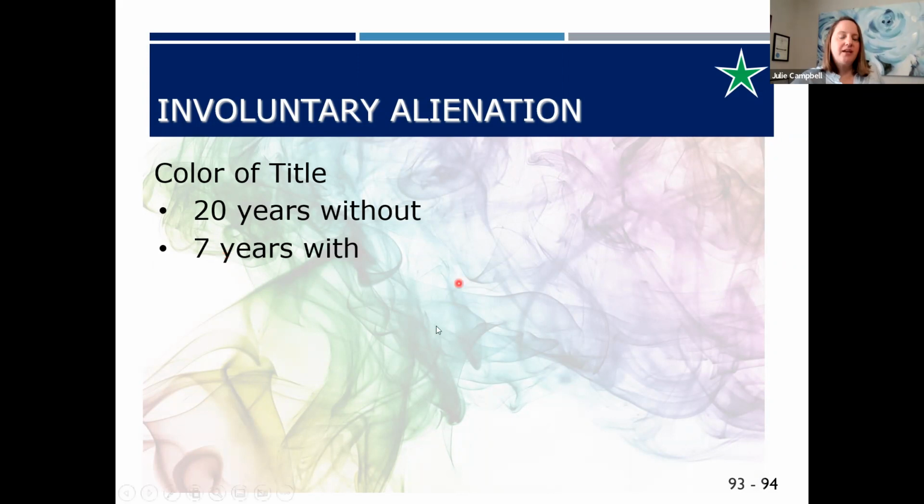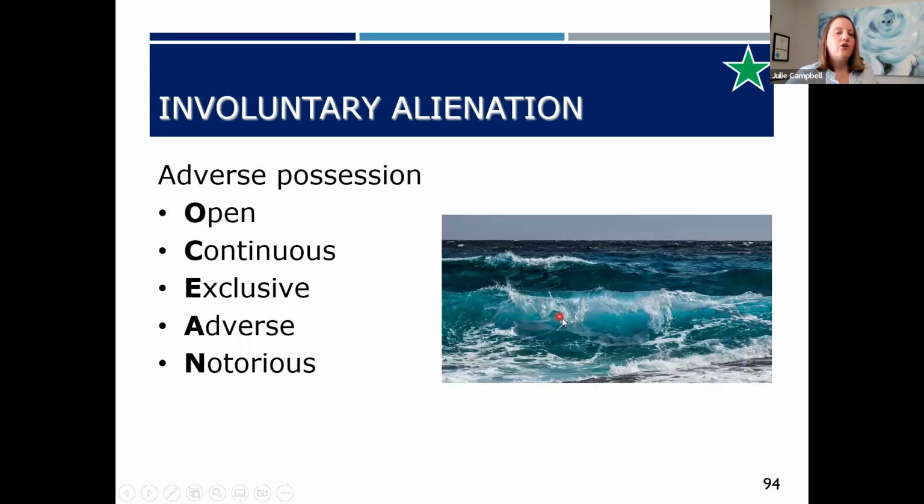And when the judge is making this decision, they're going to ask themselves a series of questions, which we can remember by thinking OCEAN. The judge is going to ask the claimant, was the use open and well known to others? They're not trying to hide the fact that they're using this property. Can you hide a fence?